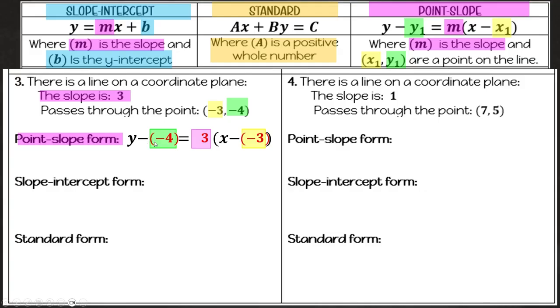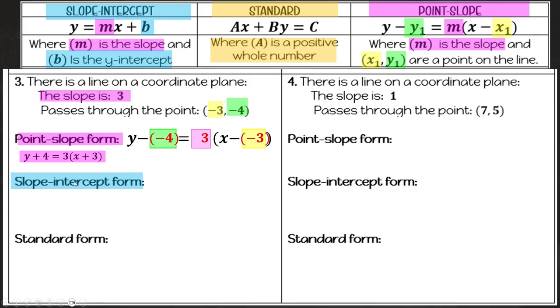Please note that I did put the negative 4 and the negative 3 inside parentheses so that you would see the double negative. A negative times a negative is going to give you the positive. Just like here, negative, negative is going to become positive. So this is your point slope form. You generally will not see it with a negative and then a negative parentheses, so be careful that you simplify it.